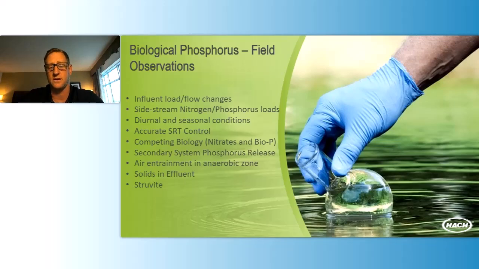There is phosphorus in all the solids that are coming out of our treatment plants, and that can affect our overall phosphorus removal. And sometimes, depending on how the system is configured, we can run into issues like struvite when we're removing phosphorus biologically. So lots of things to consider, lots of challenges that could be discussed in detail. But just as a note, these are some things we can look at.